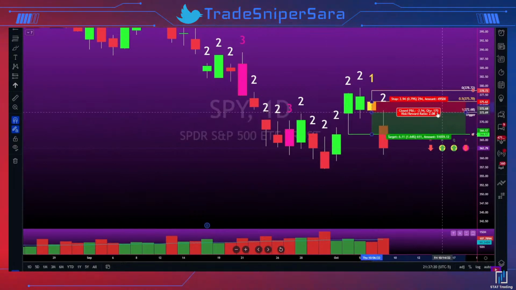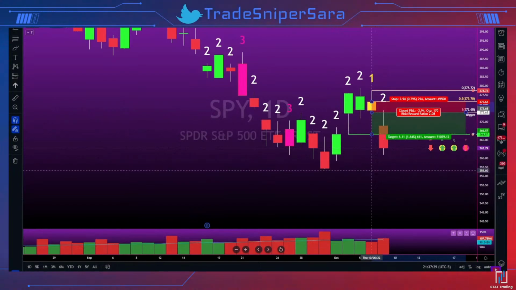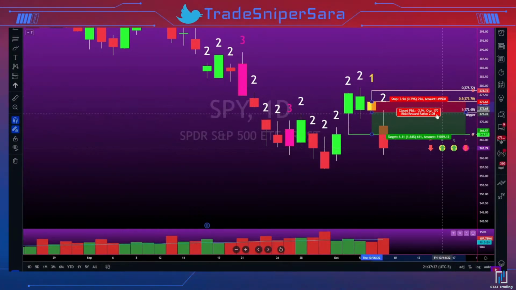Okay, so you could short 170 shares of SPY and only risk $500. So your position sizing based on which stop you're going to use will affect your position size. And this risk reward is much more favorable than the stop all the way up here.